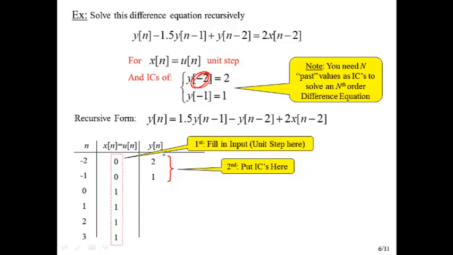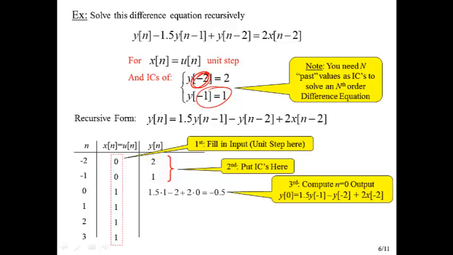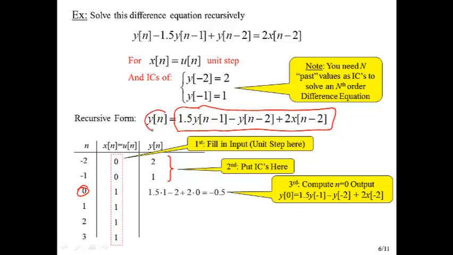So y of minus 2 is 2, y of minus 1 is 1, and now we're all set to recursively solve this. So the first step is to actually compute what's on the right hand side of this for n equal to 0. So we're trying to find y of 0. So we have 1.5 times y of minus 1.